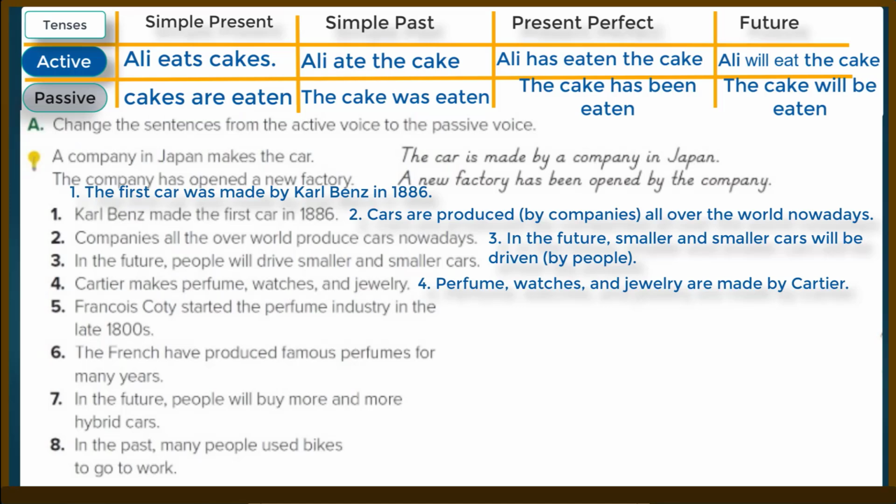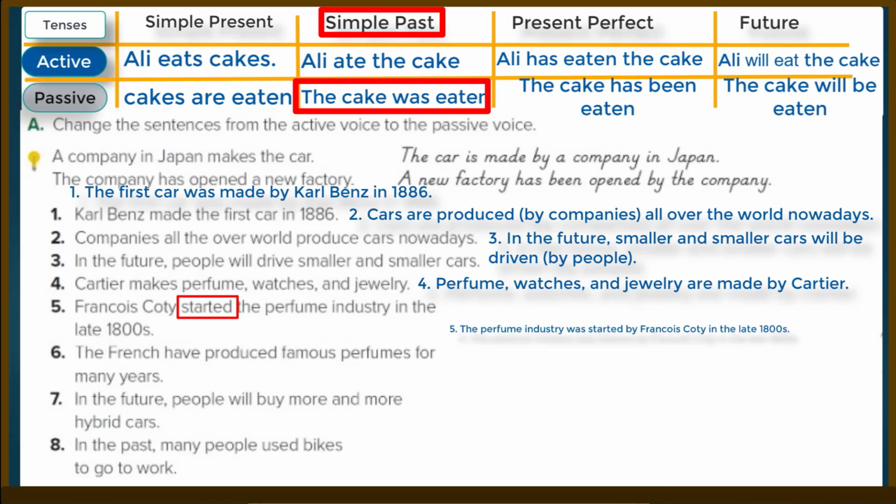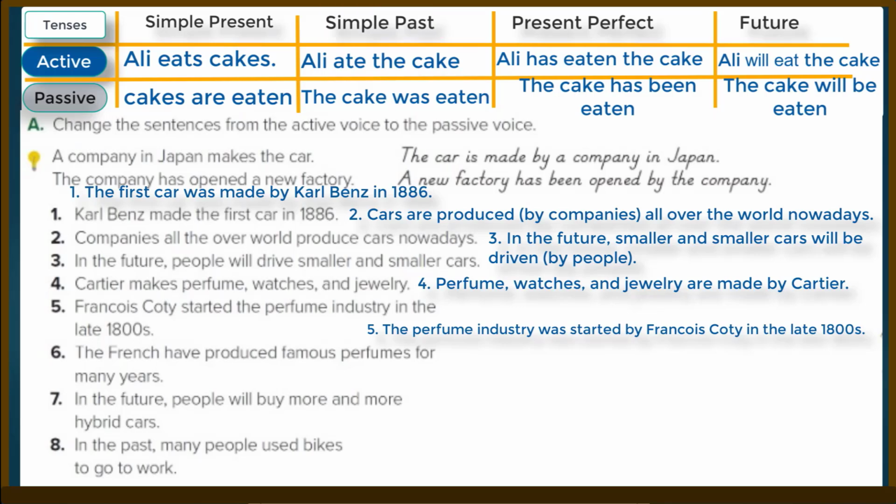Number 5, Francois Coty started the perfume industry in the late 1800s. So, the verb here is started. It's in the past. So, you say, the perfume industry was started by Francois Coty in the late 1800s.